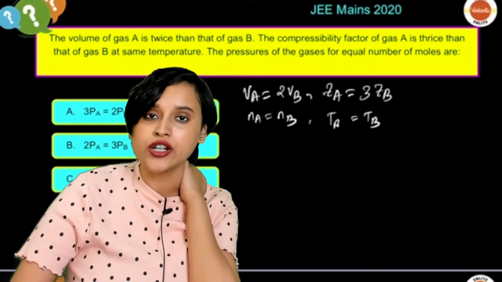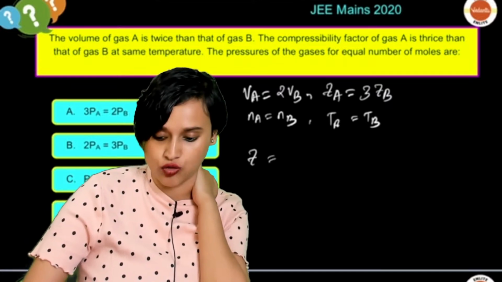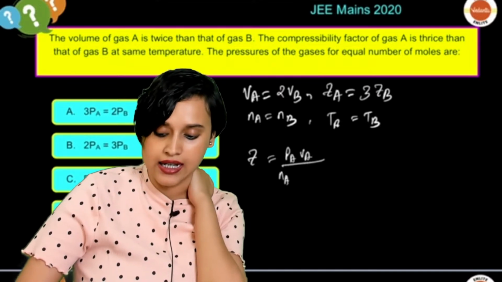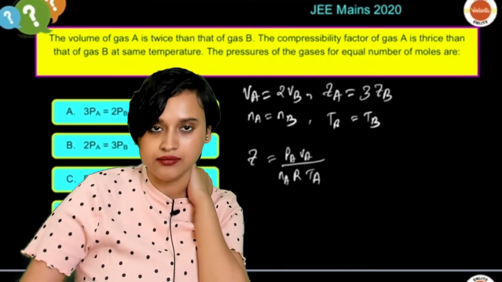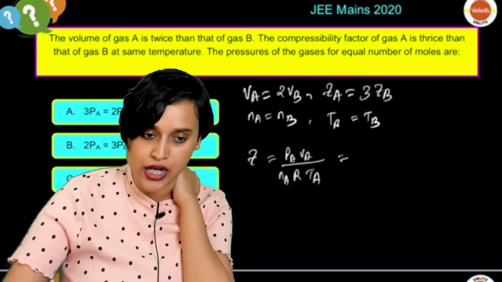Great. Now, what is the formula that we know? Z is equal to PAVA divided by nARTA, which is equal to, what is the pressure?